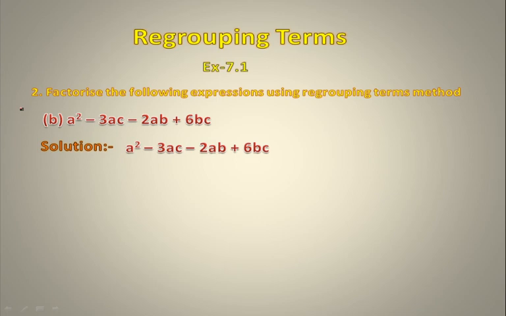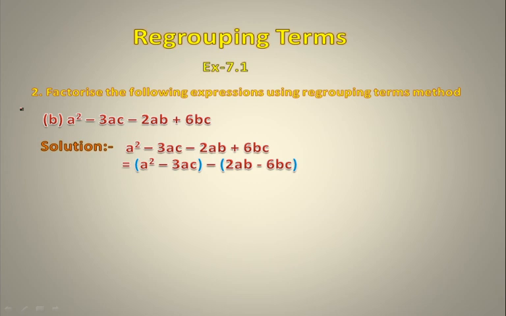And how to do this? Let's see in the next part. You'll find here that I have grouped the first and the second term in one bracket, and the third and the fourth term in another bracket. When we do this grouping, you have to take care of a very important part, that is the sign.